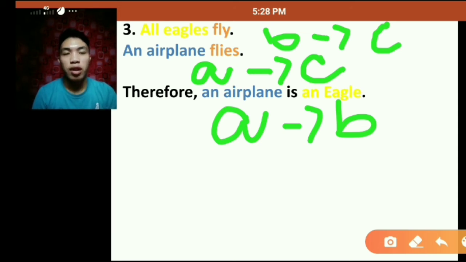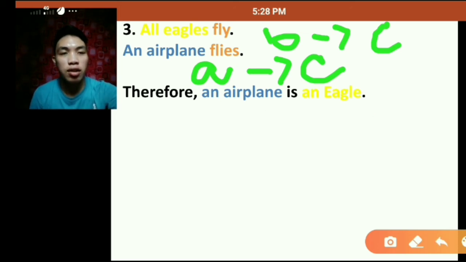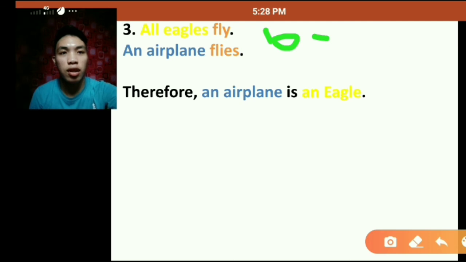So in this situation, we can actually say that this is not a deductive reasoning. Even if it passes after checking the second criteria, it will not be a deductive reasoning anymore because it failed to consist the first criteria.